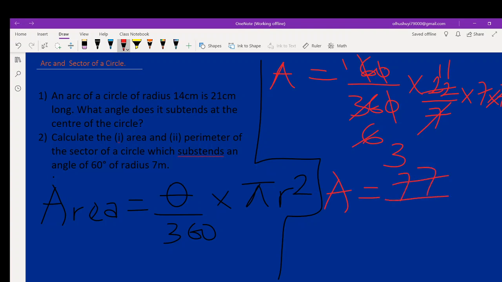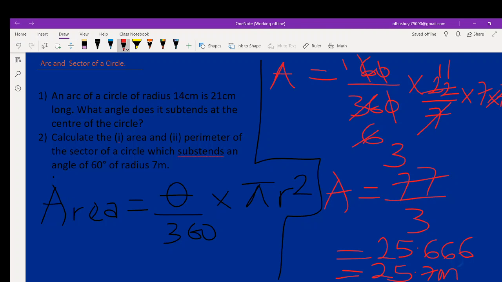So the area becomes 77 divided by 3, and that will become 25.7.